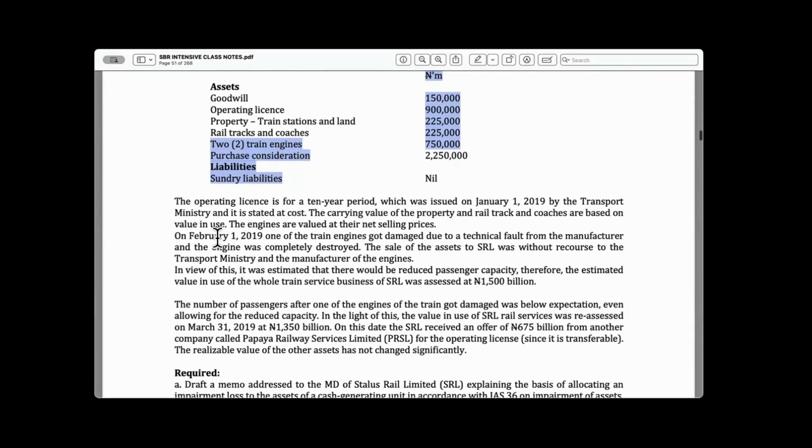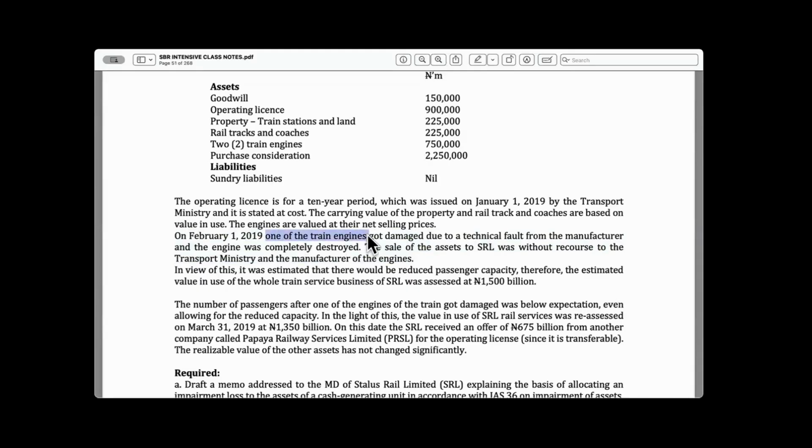They now said that on February 1st, 2019, one of the train engines got damaged due to a technical fault from the manufacturer, and the engine was completely destroyed. And the sale of the asset to SRL was without recourse to the Transport Ministry and the manufacturer of the engine.